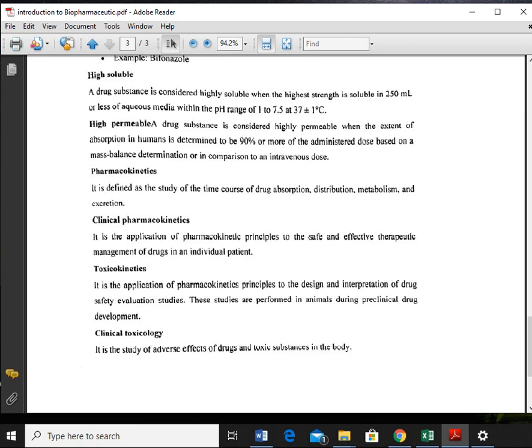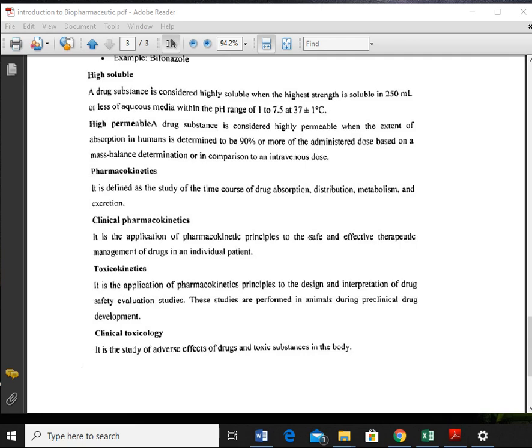Pharmacokinetics is defined as the study of the time course of the drug's absorption, distribution, metabolism, and excretion. Clinical pharmacokinetics, as the name describes itself, is clinical.